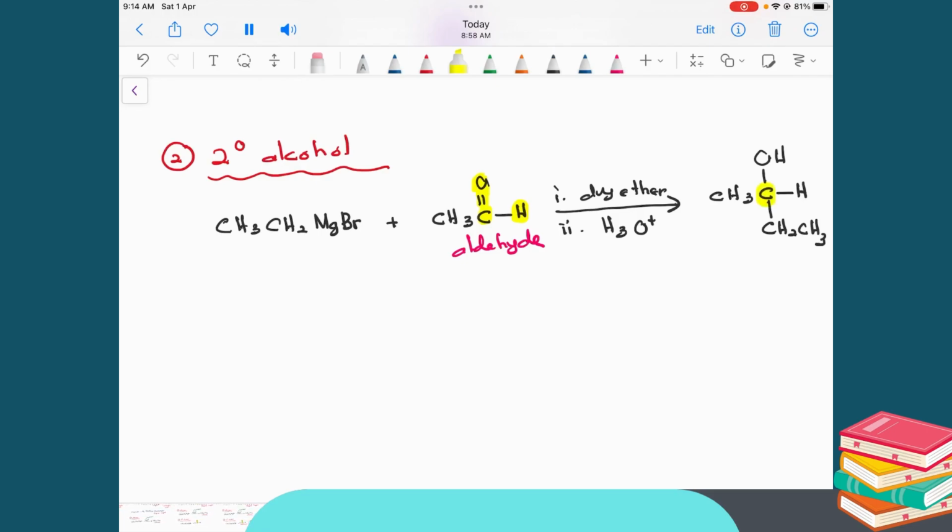It is a secondary carbon, so it is considered a secondary alcohol.